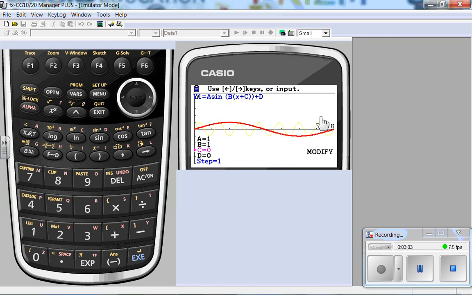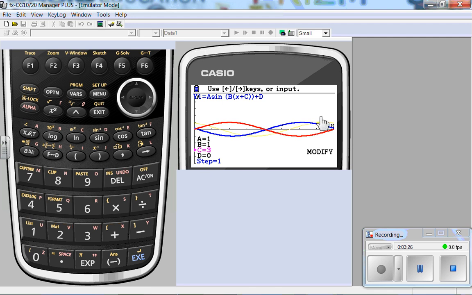All right, now let's see. Increase C by 1. Increase C by 2. Starting to see that there's a little bit of a shift. So if C is 2, it's shifting back 2. To get a better idea, let's put in something like pi, for example.